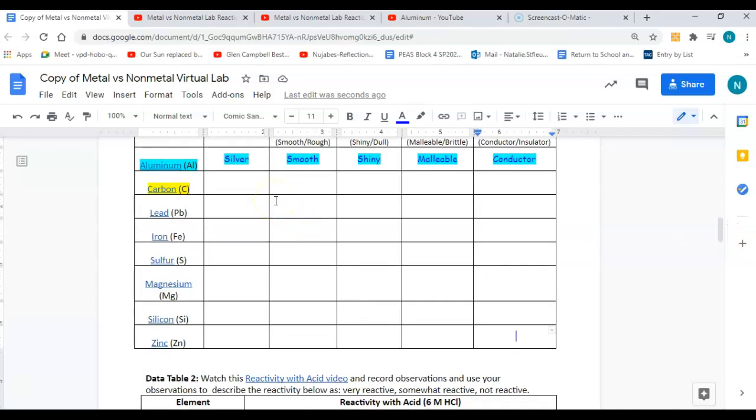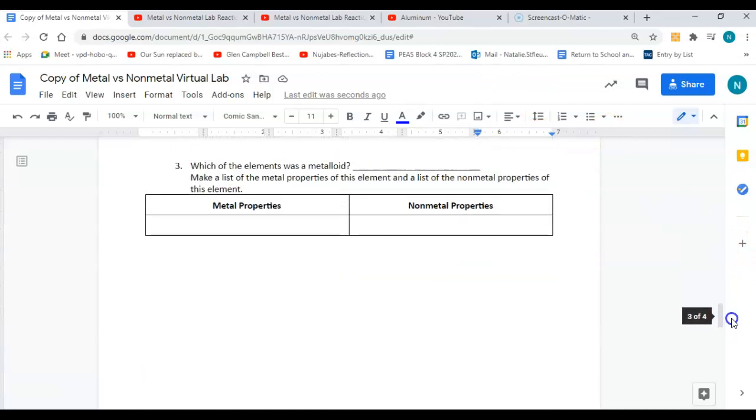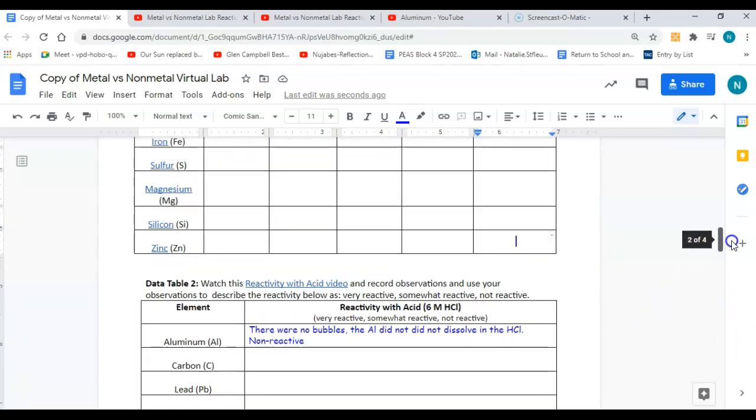Anything that the metalloid possesses that metals also possess, you would put in this box. Any property that the metalloid possesses that non-metals possess, you put there. Okay? Hope that kind of makes sense.